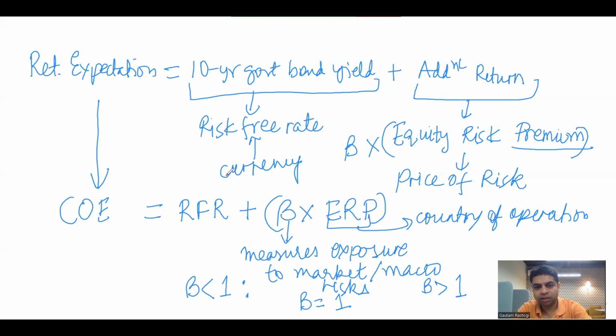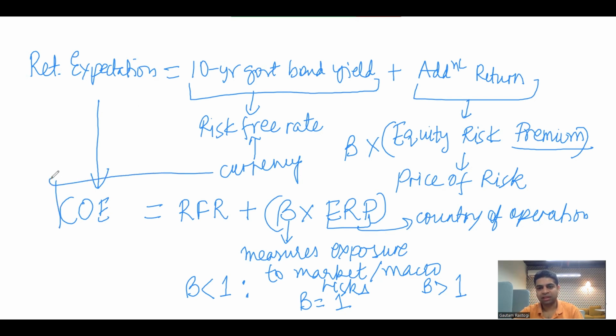By the way, this is also called the cost of equity, equals risk-free rate plus beta times equity risk premium. This return expectation, this mathematical model or equation, is also called CAPM, the capital asset pricing model.